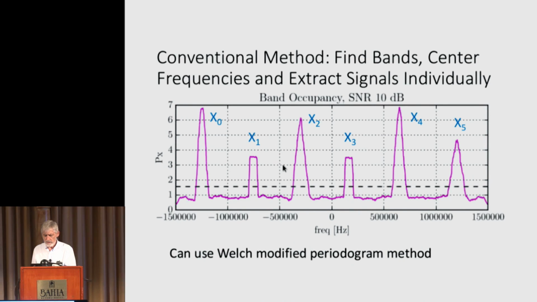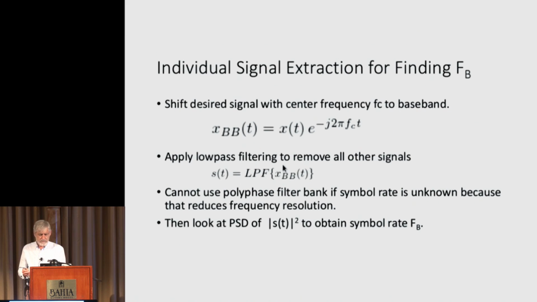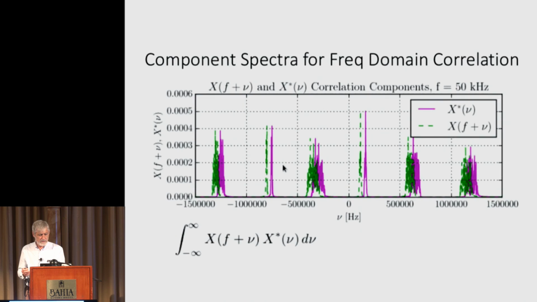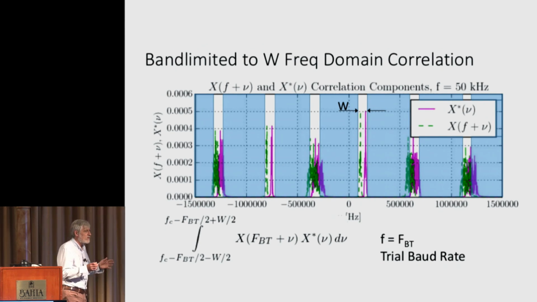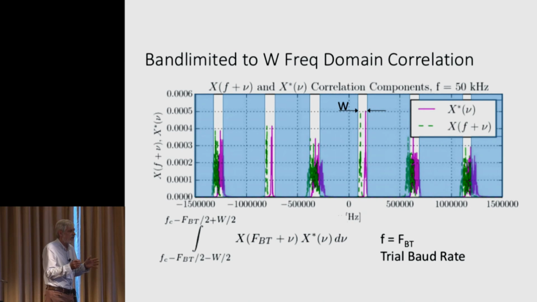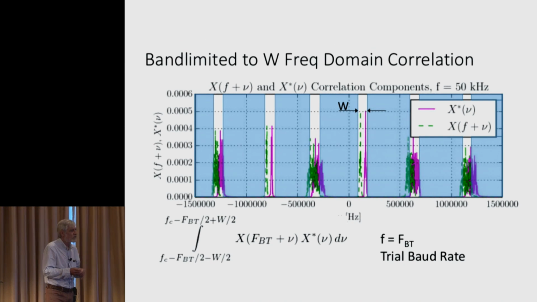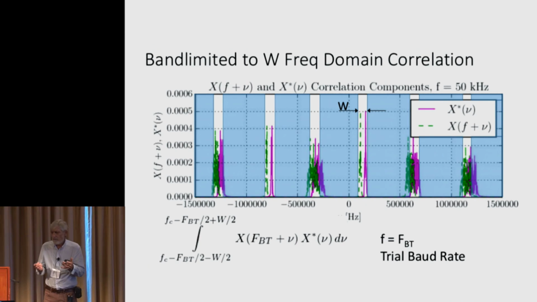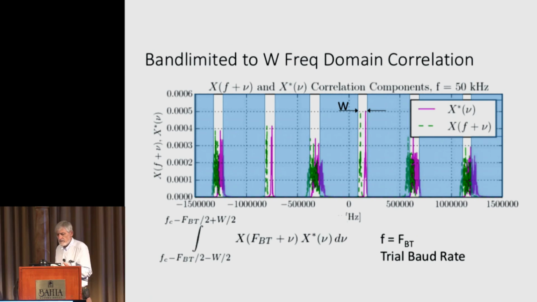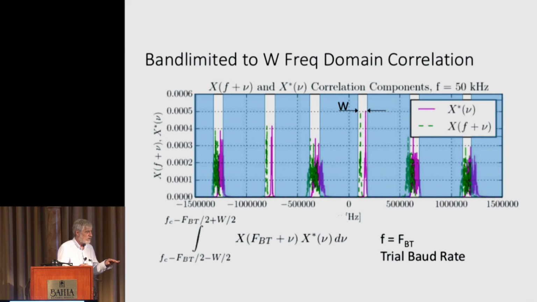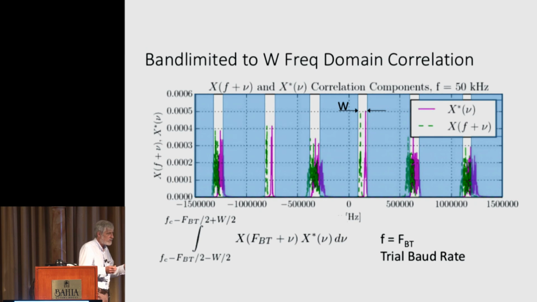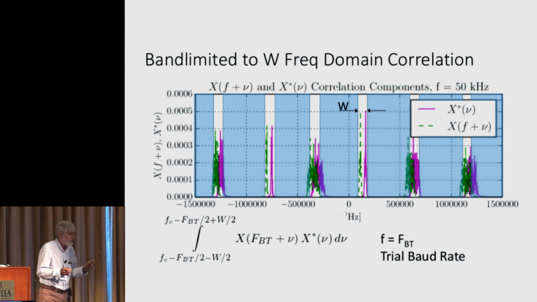But then you have to make some decisions as you go into this phase, where for each individual signal you have to say, where do I start with my baud rate trials? I think you could probably just do it on the basis of some thresholds, and maybe you have to go a little more than the plus minus 10% that I've been talking about.